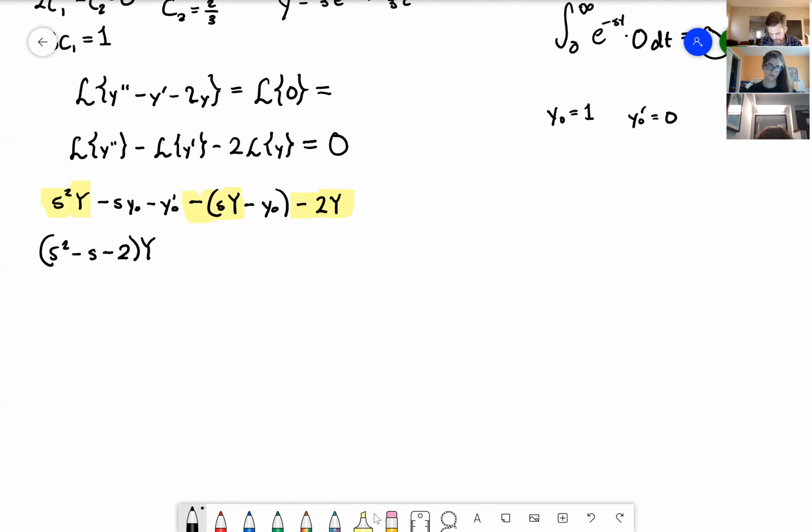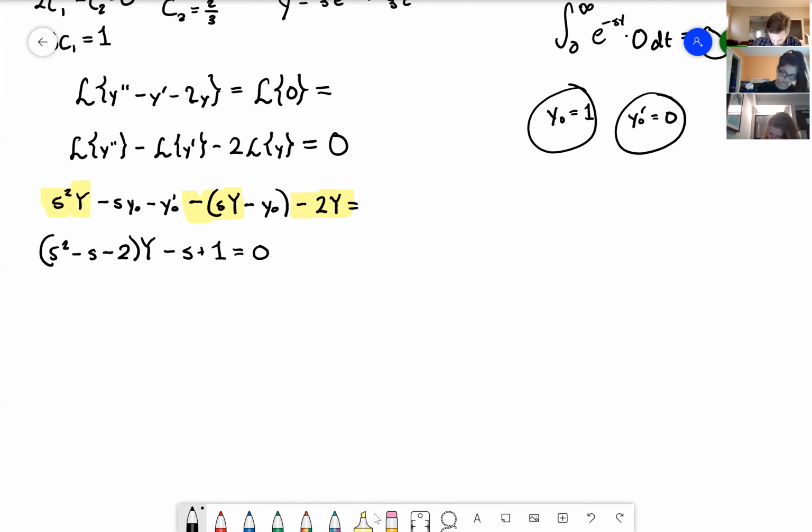And then minus s times y(0). Well, y(0) is 1, so minus s, minus y'(0), that's just 0, and then minus y(0), that's plus 1. And this is all equal to 0.